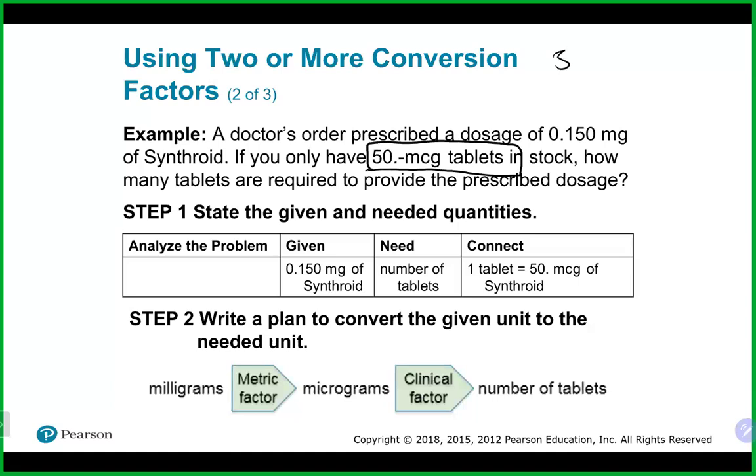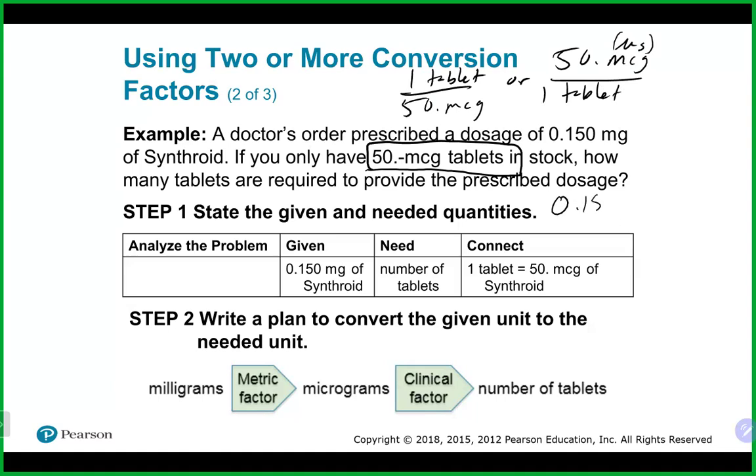We basically have 50 micrograms per tablet. Or in a tablet, there is 50 micrograms. Now we want to give a dosage of 0.150 milligrams.